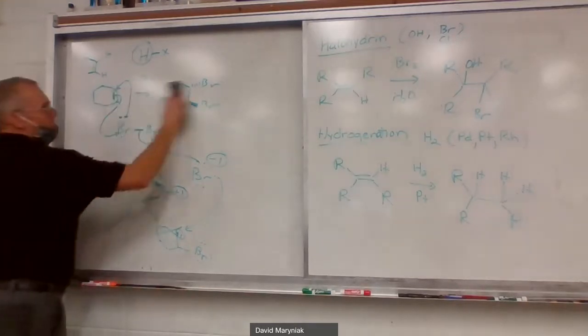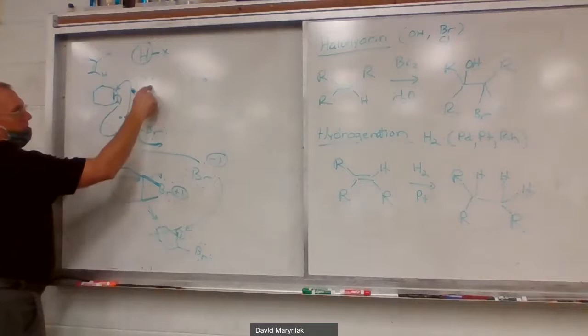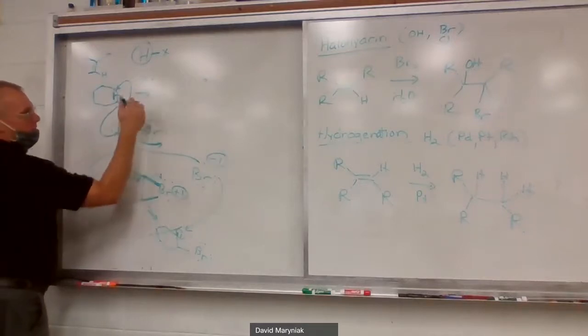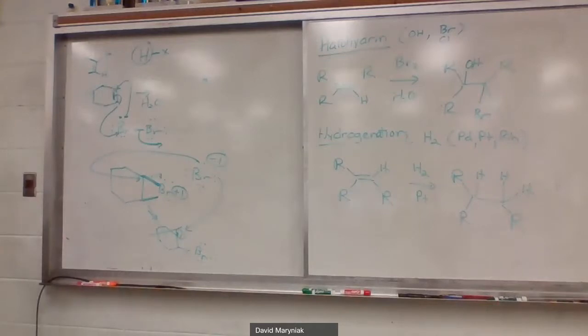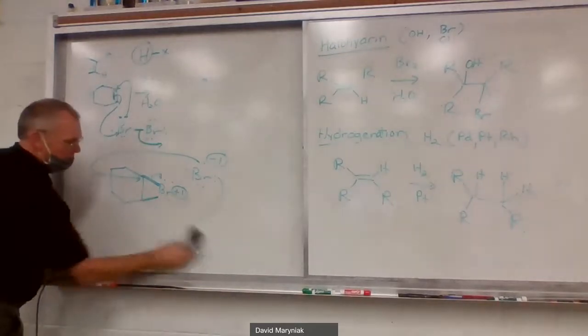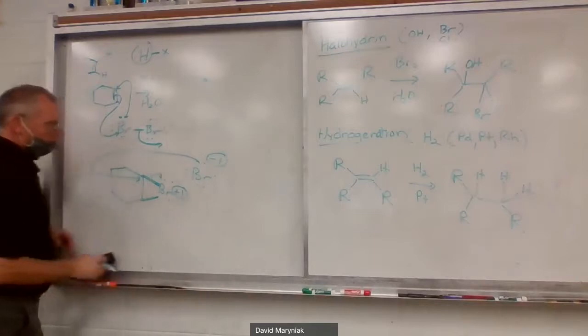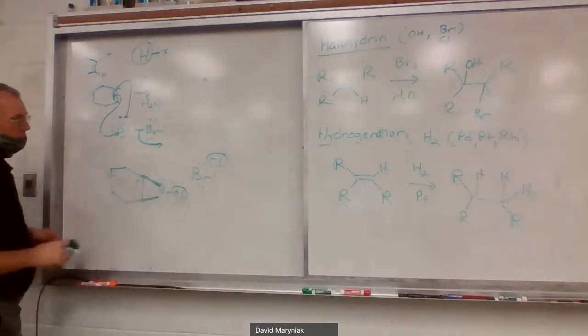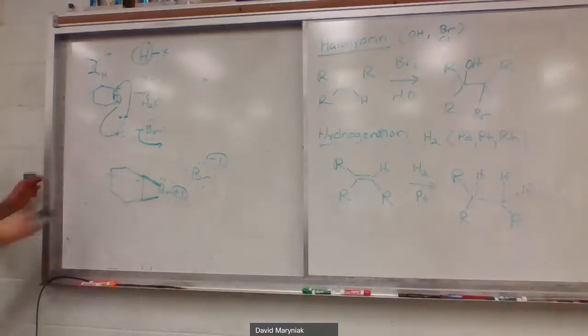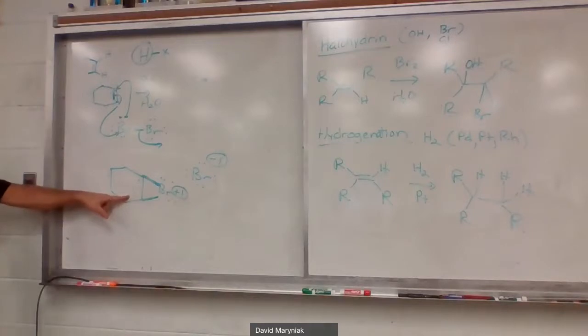All right, back on point. Now, if instead of just straight up bromination we're going to do bromine and water, who do you guess is going to be the better nucleophile when you get to this stage? So you do the exact same thing to start off. Make the bromonium ion.